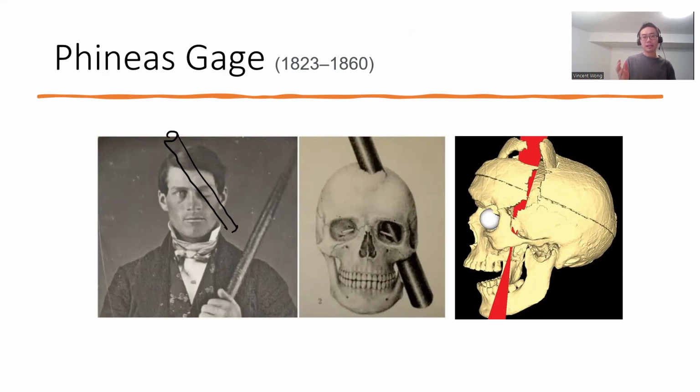So the fact that his personality became completely different before and after the accident supported that idea. You can look him up for more detailed information if you're interested. His skull is actually preserved, and it's on display in some museum, I believe. Again, I don't remember where, but you can look it up.